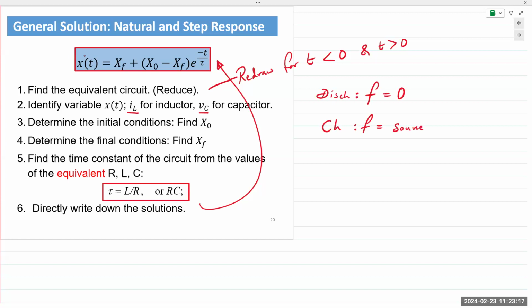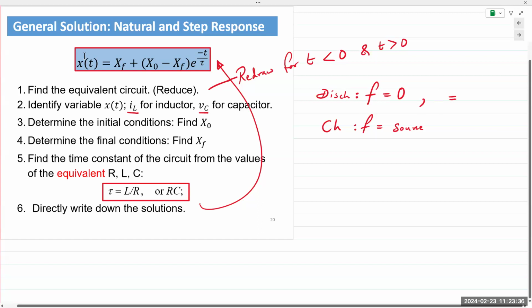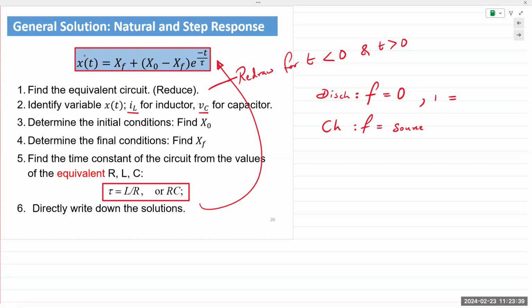See, if it's charging, it's going from 0 to some max value, which is the source. And if it's discharging, it's going from a max value all the way down to 0. And so the values would be flipped. If it's discharging, the initial value would be the max source value. And here the initial value would be 0. So it gets flipped.